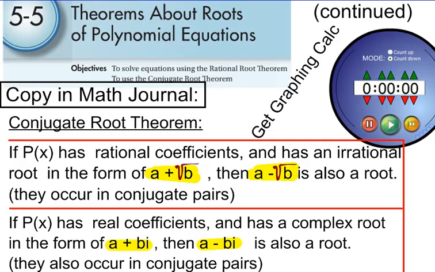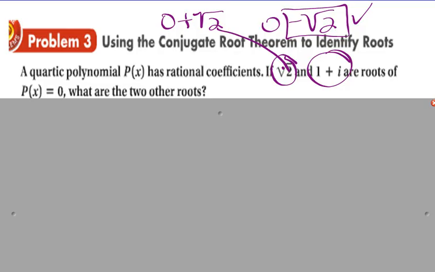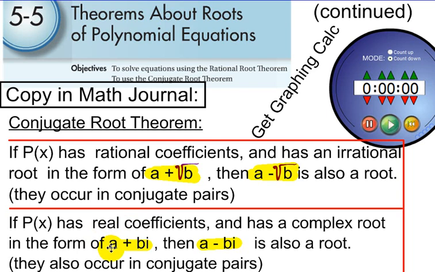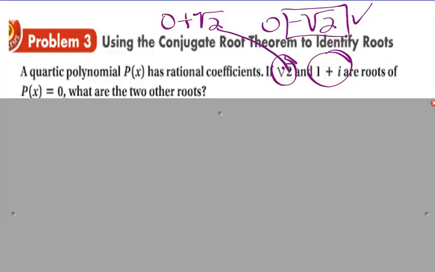With the complex roots, if we've got 1 plus i, that is a plus bi. Our b is just 1, so we've got 1 plus 1i. Then we know that 1 minus i is also a root. That's all there is to it. So there are your two answers: negative radical 2 and 1 minus i.